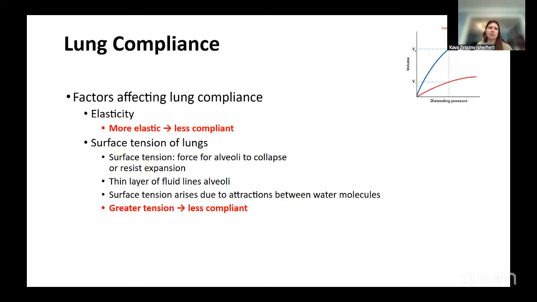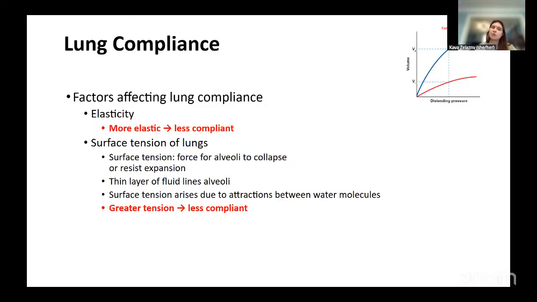So remember when we talked about type 1 and type 2 alveolar cells, and the type 1 alveolar cells making up most of the wall of the alveoli, and I mentioned that the type 2 cells are going to come back later. This is where they come back. So that surfactant is going to be important for breaking the surface tension between the water molecules in the alveoli, which is going to help the alveoli stay highly compliant.